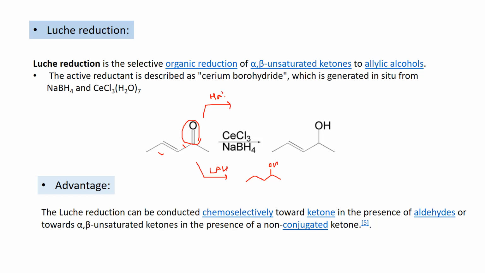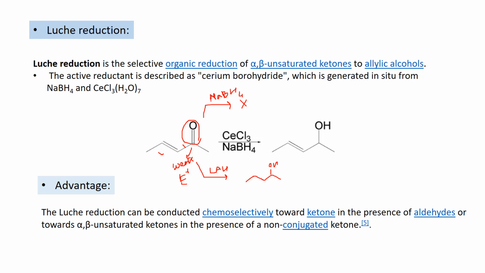In that case, as NaBH4 is a weak reducing agent, and due to conjugation with this double bond, this is also a very weak electrophilic center. It is quite reluctant to react with a weak reducing agent. Therefore, we will not get any reduced product in case of simple NaBH4.